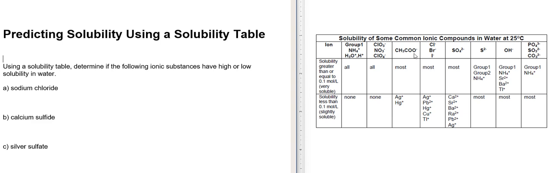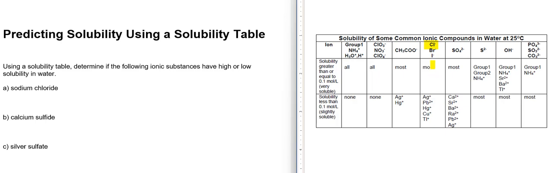So if we're looking to see if something is soluble, such as sodium chloride, we find the anion, the chloride, first. So we have our chloride here. And then we want to figure out whether sodium fits into the top category or the bottom category.